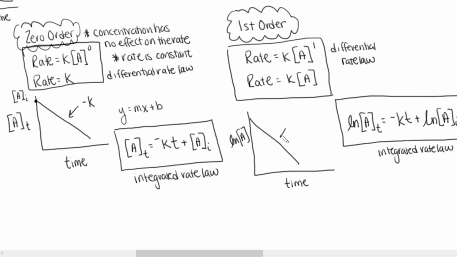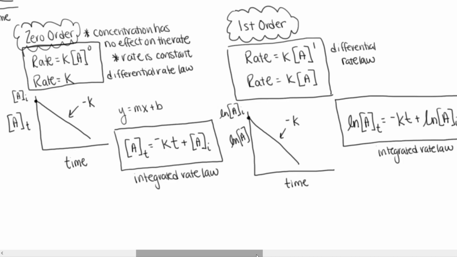And again, my slope will be equal to negative k, and my intercept will be not the initial concentration, but the natural log of the initial concentration.